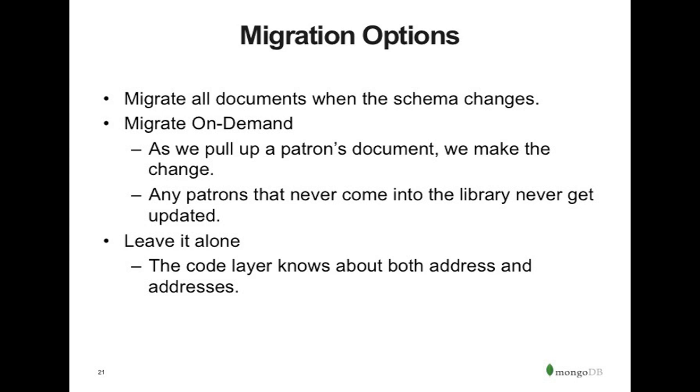There's really no reason why, if you've got a good code layer on top, you can't have both living there. And in fact, for certain more complicated kinds of structures or legacy archiving reasons, you may not want to change the old data. You may actually want to have it live on in the form that was first persisted.